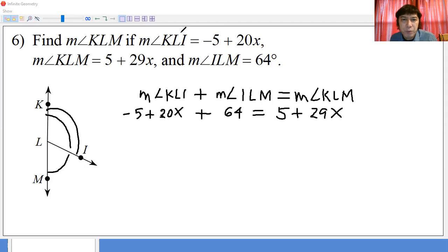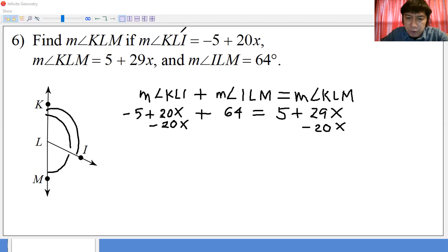Let us solve first by subtraction property. Let's subtract the 20x from both sides. You should know already how to solve linear equations at this point, and it's very much needed in geometry. Combining like terms for the numbers, we have 64 and negative 5, and that should be 59.